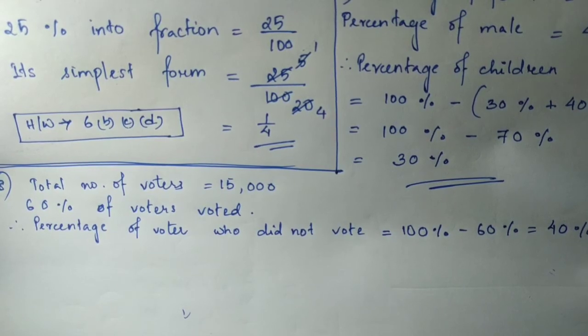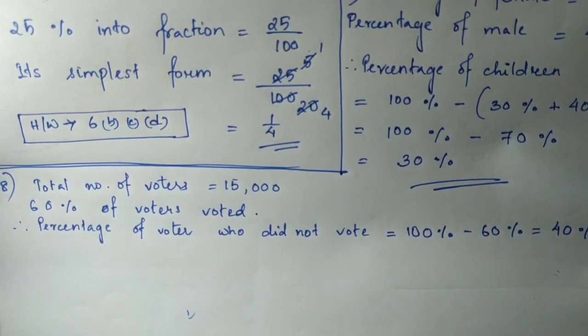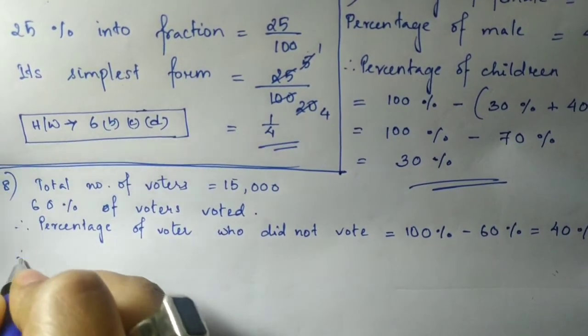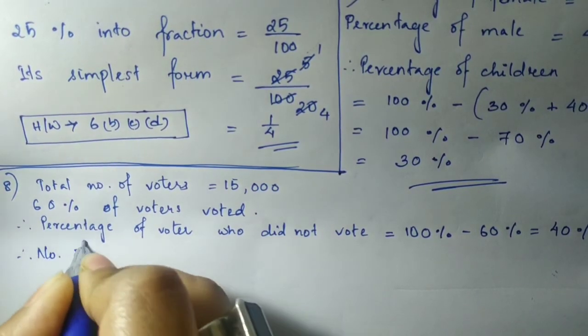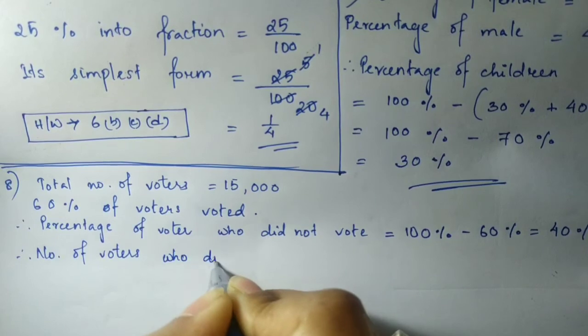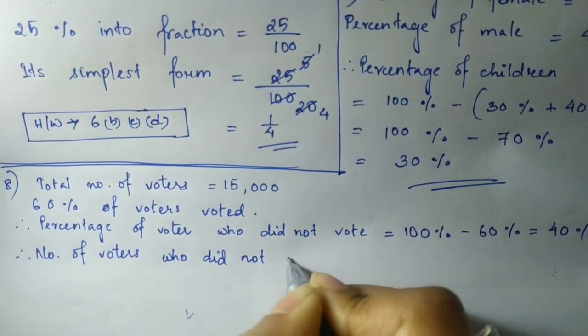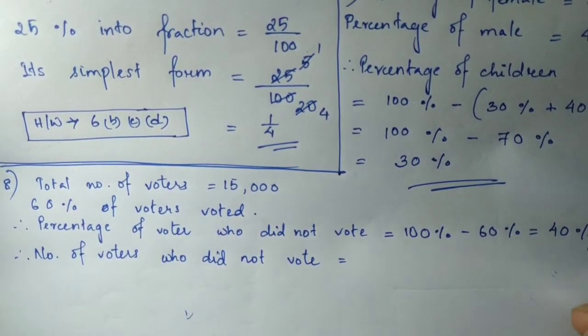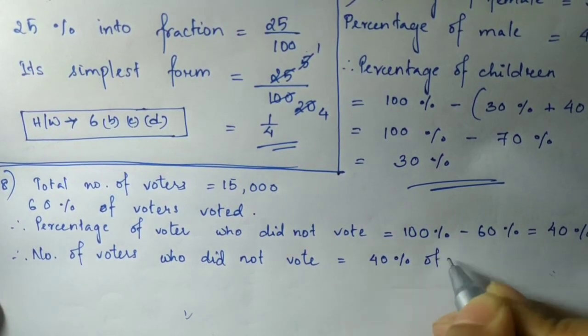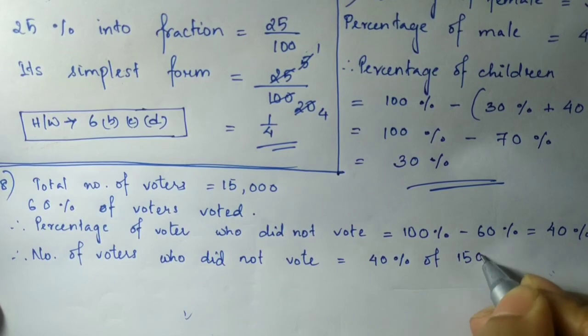The second part of the question is how many actually did not vote? It means we have to find the number, because we already have the percentage. Therefore, the number of voters who did not vote will be equal to the percentage of non-voters, 40% of the total, means of 15,000.